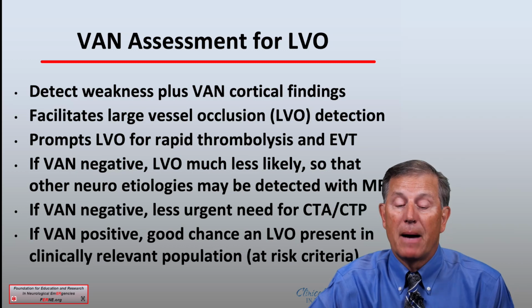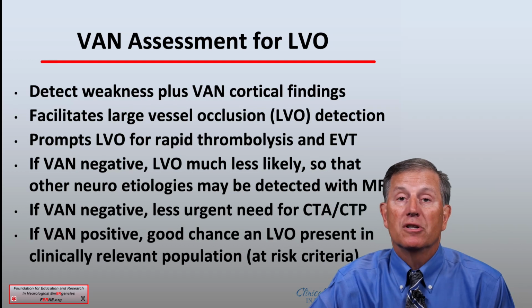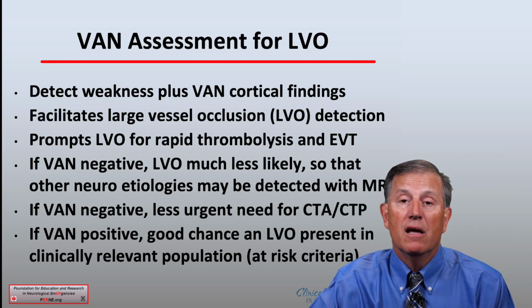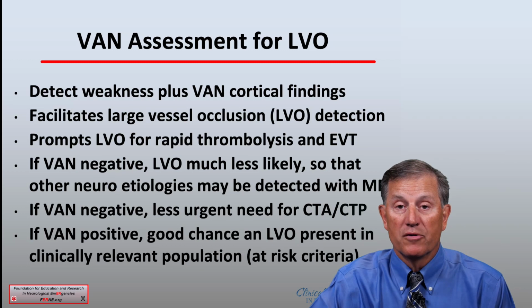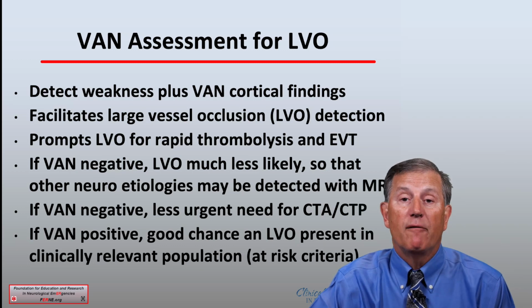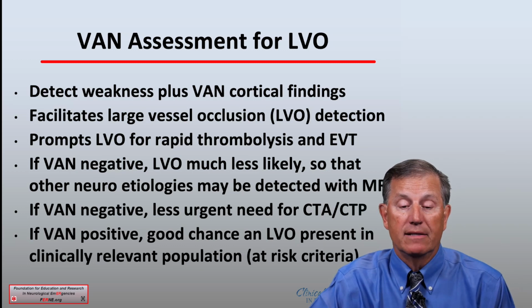And if the VAN is positive, there's a good chance that an LVO is present in a clinically relevant population of patients who are at risk, and we know that this was a 75% positive predictive value in this small study that had a 25% LVO rate.